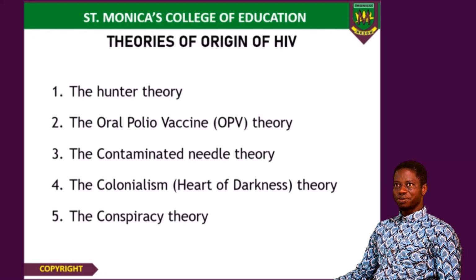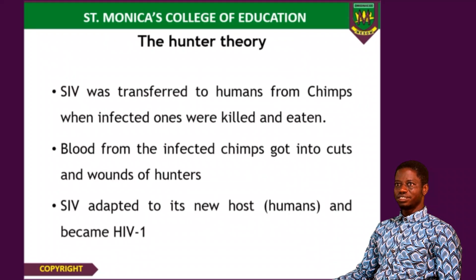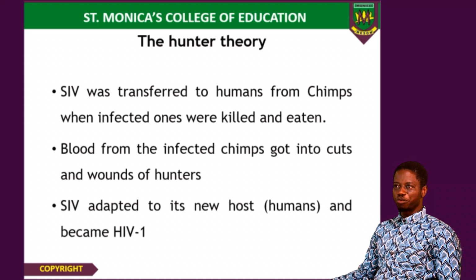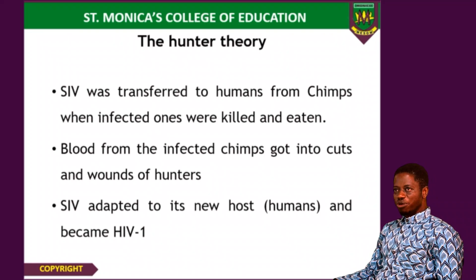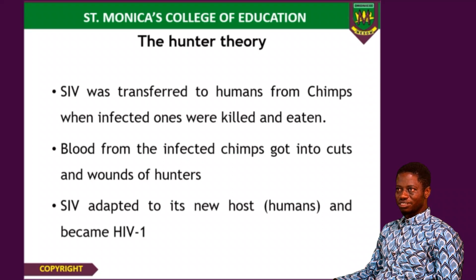So the hunter theory says that Simian immunodeficiency virus was transferred to humans from chimpanzees when infected ones were killed and eaten. Blood from the infected chimpanzee got into the cuts and wounds of the hunters, so the virus adapted to its new human host and became HIV. In those days, hunting and gathering was our main occupation, and most Africans were hunting chimpanzees and eating monkeys.